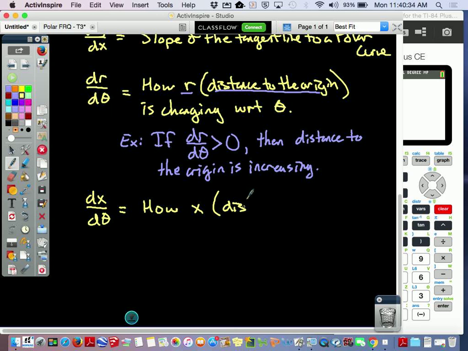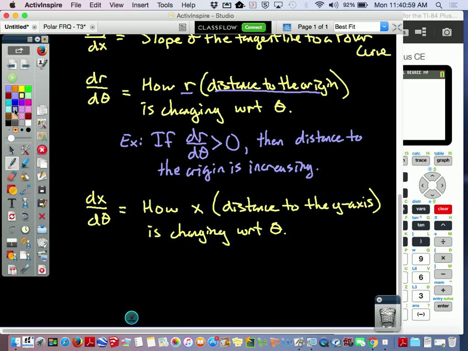So it's how x, which represents the distance to the y-axis, is changing with respect to theta.